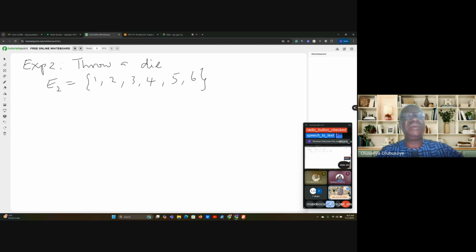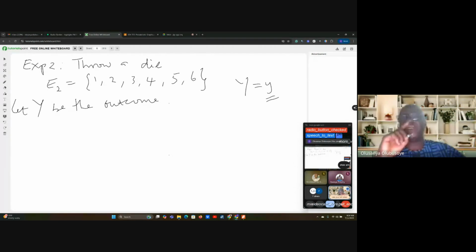And so we can define a random variable Y, for instance. So let Y be the outcome. So if Y is the outcome, then whenever I write Y equals small y, then small y will be the realization at any point in time.